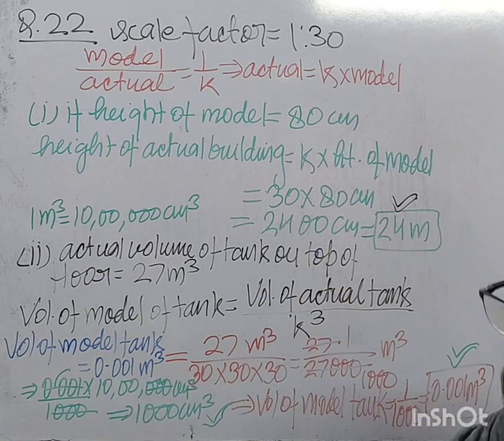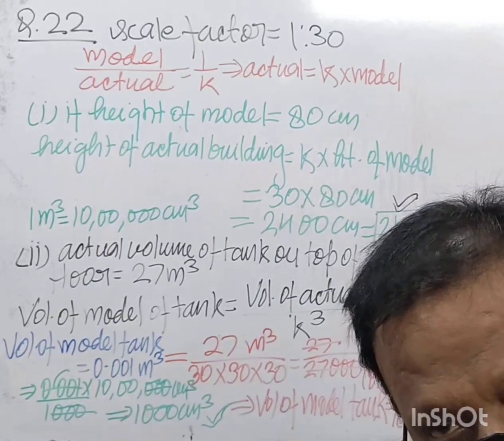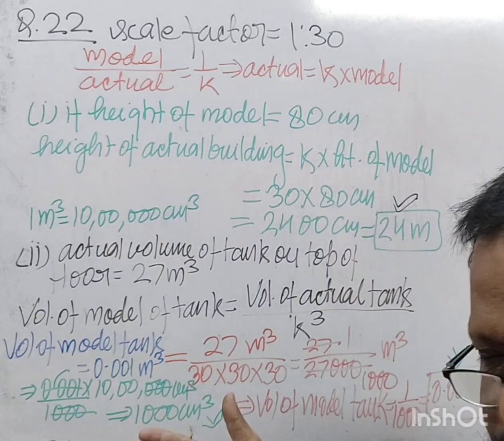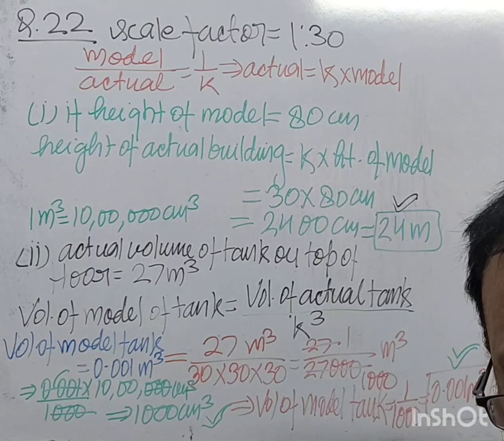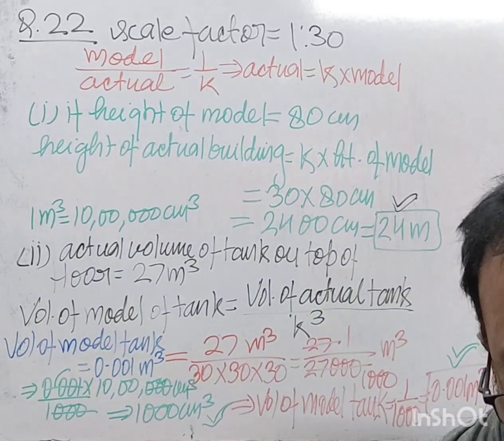And that meter cube converted into centimeter cube is a different thing, but it is not mentioned in the question, so you can leave it here, or you convert and bring it here also.